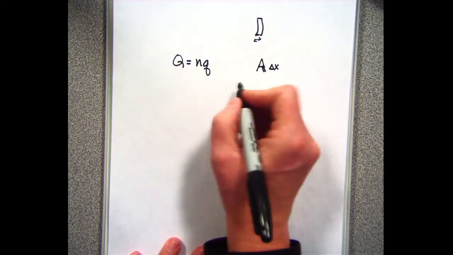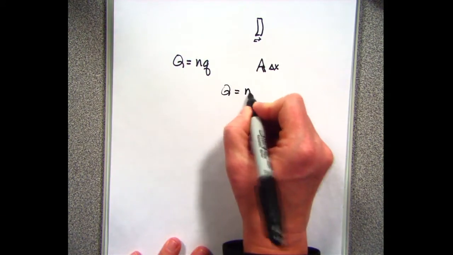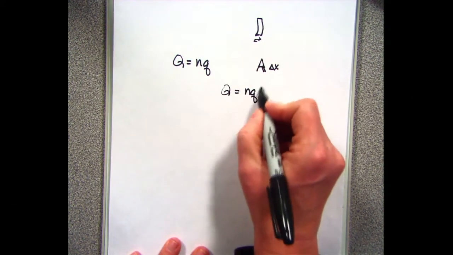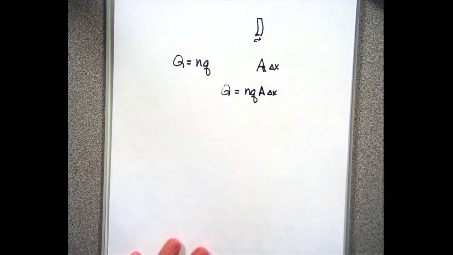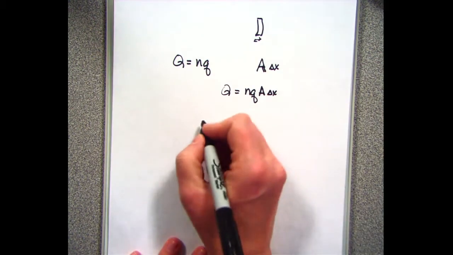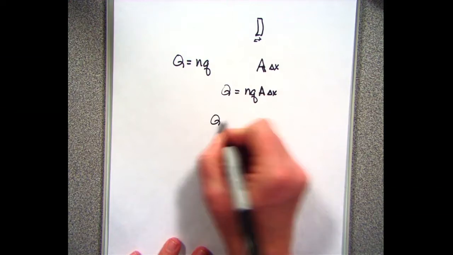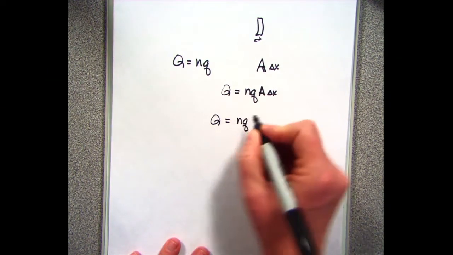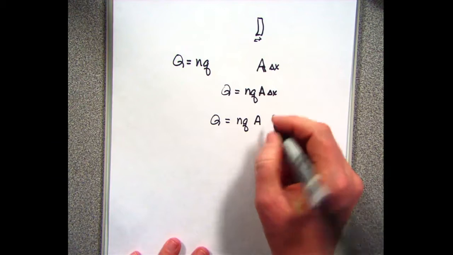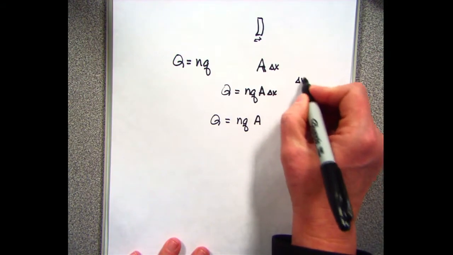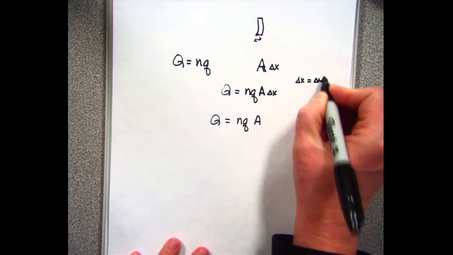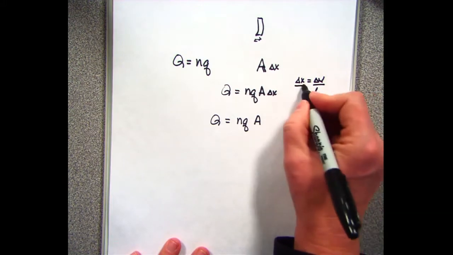And now if I look at it with respect to time, and I'm looking at it for current, my charge is going to look like the number of charges times the area, and remember the change in x is going to equal the velocity with respect to time. So my change in x is going to equal my velocity times time. So I can put that in here as the velocity, change in time. So this kind of gives us a chance for flow.